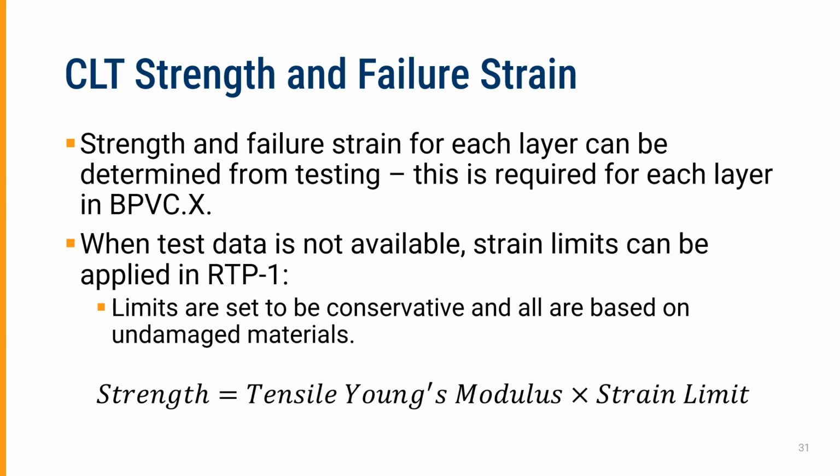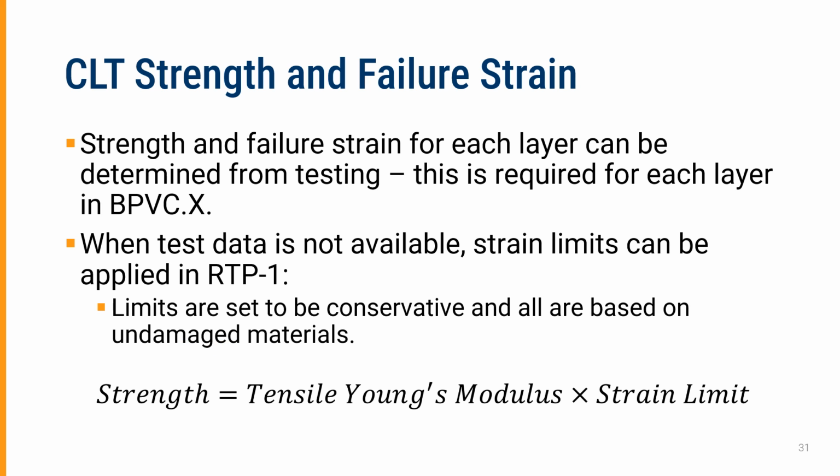We can determine what the strength and failure strain is for each of those constituents and look at each layer and determine that from testing. We actually do that in the Boiler and Pressure Vessel Code section 10. When test data is not available, strain limits can actually be applied in RTP-1. These limits are set to be conservative. They're actually stipulated in the code, and they're based on undamaged materials.